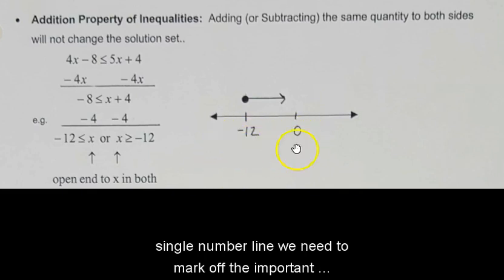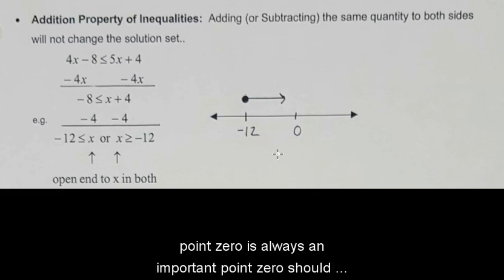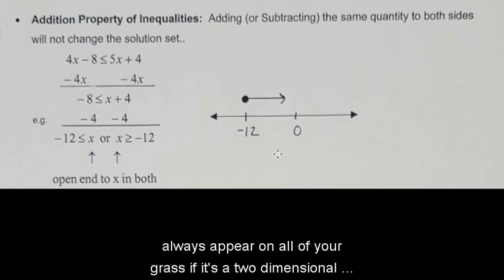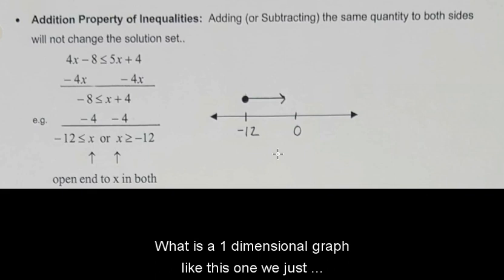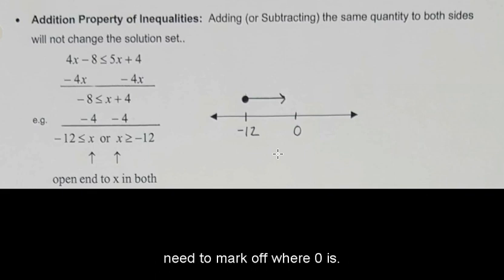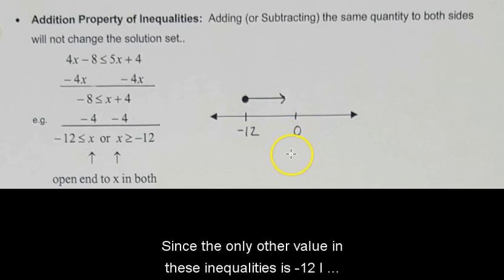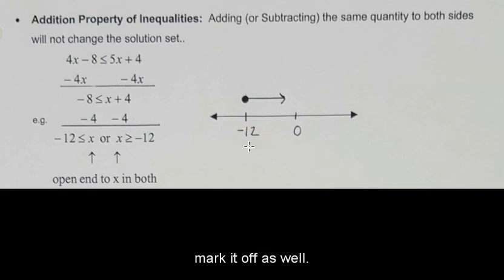On this single number line, we need to mark off the important points. 0 is always an important point. 0 should always appear on all of your graphs. If it's a two-dimensional graph of x and y, you should show the origin. When it's a one-dimensional graph like this one, we just need to mark off where 0 is. Since the only other value in these inequalities is negative 12, I mark it off as well.